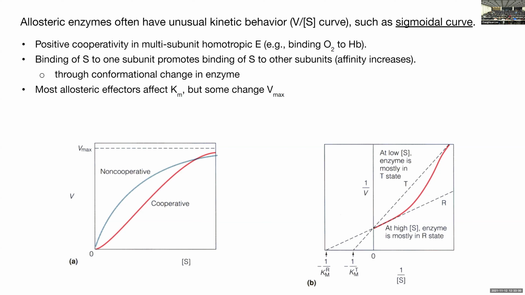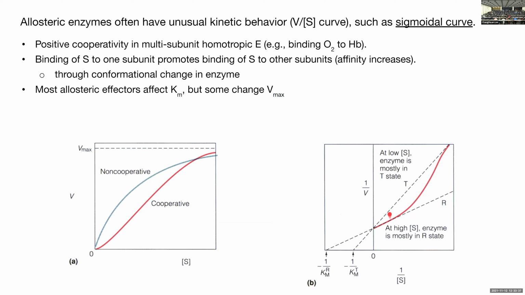So that's true. And this change in slope in the Lineweaver-Burk plot reminds us of some type of inhibition, right? In the last lecture, we talked about competitive inhibition, uncompetitive inhibition, and non-competitive or mixed inhibition. Which one do you think is in play in this case for the allosteric? Is it similar to competitive, uncompetitive, or non-competitive inhibition?